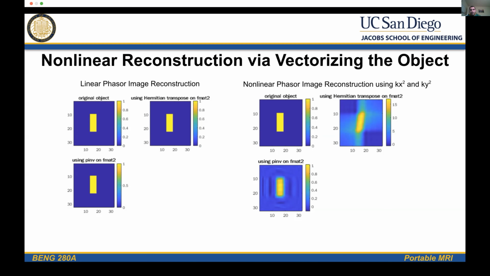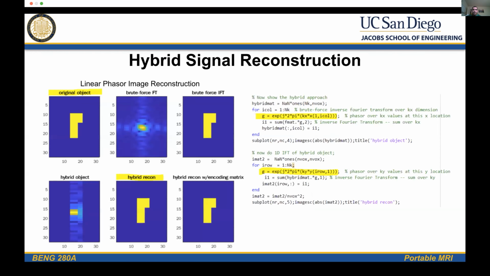As you can see here, we are considering a different object because of our lack of computational power to vectorize the sagittal head image. But when we use the pseudo-inverse, we can get a result that is somewhat similar to the original object, but not quite the same.